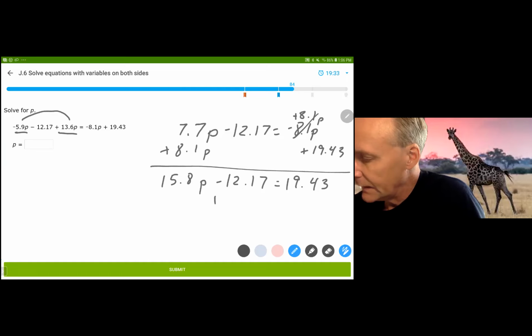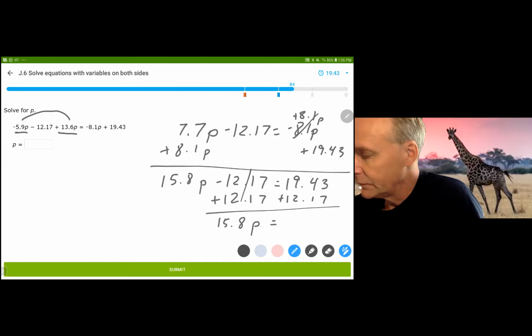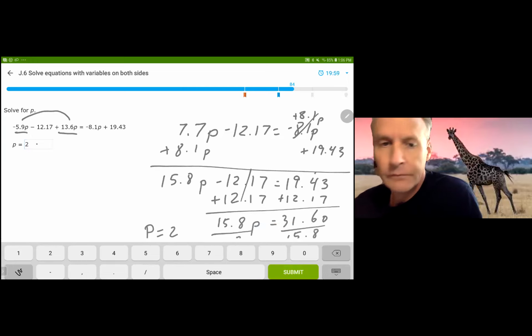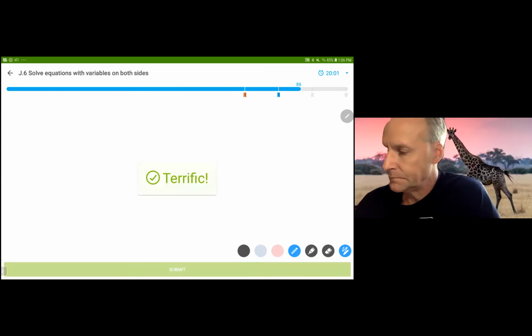So I added the 12.17, the 15.8p is equal to, and we can see that's 31.6. And when you divide by 15.8, it just so happens it goes in there 2 times. So p is equal to 2.